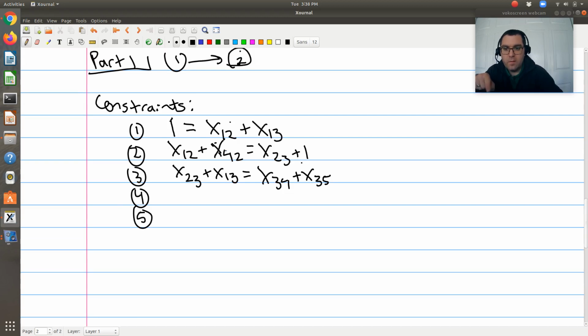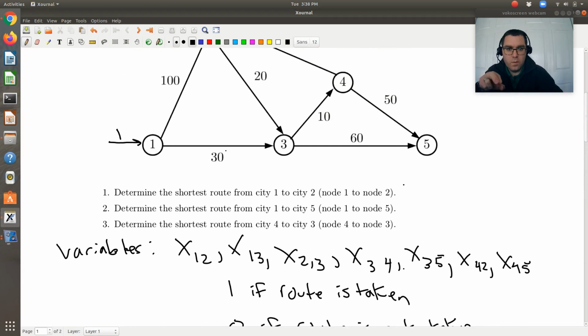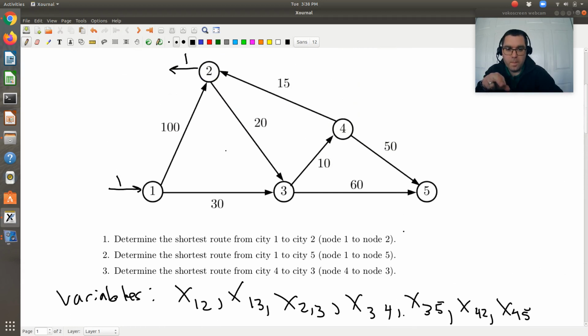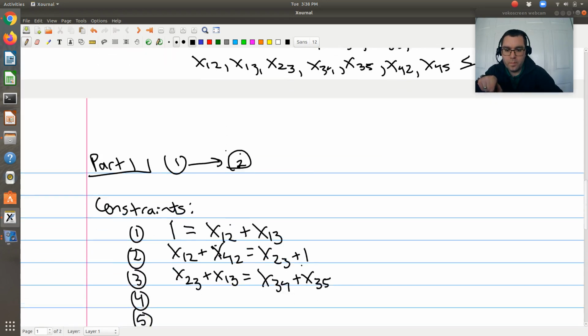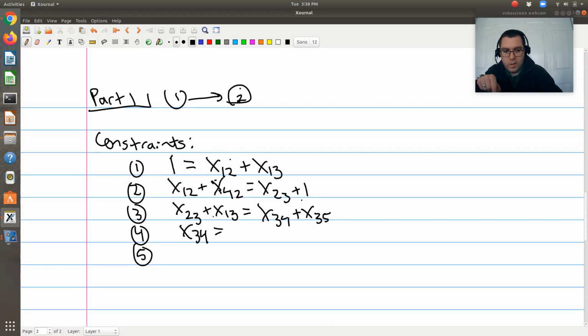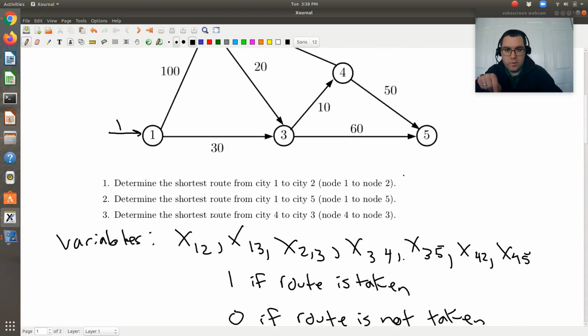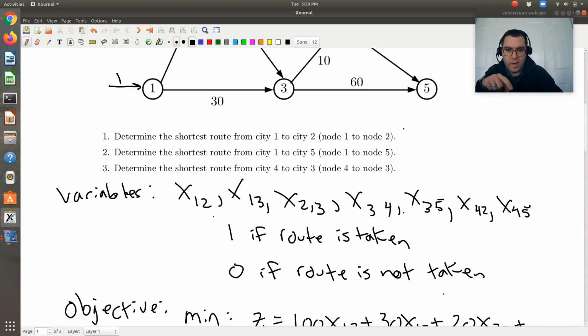Okay. If I go to node 4, coming in is x34. So it's going to be x34, and that has to be equal to what's coming out, which is x42 plus x45.